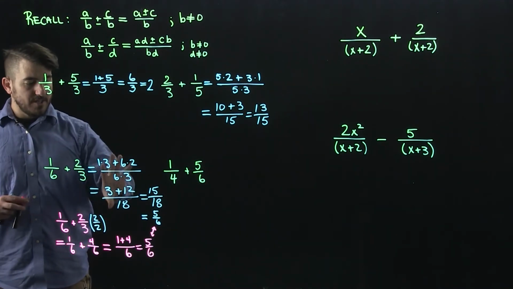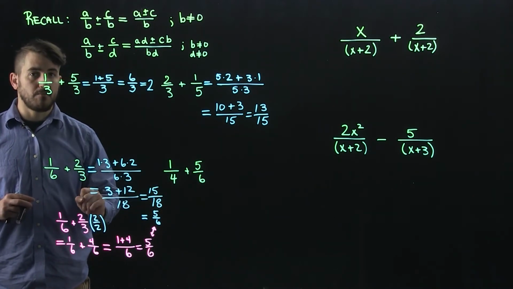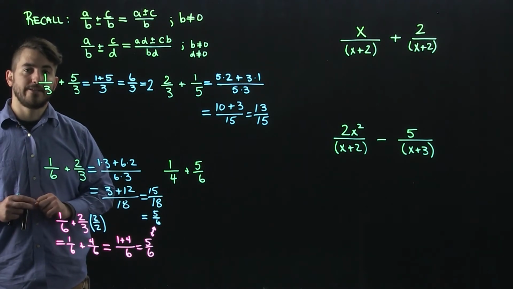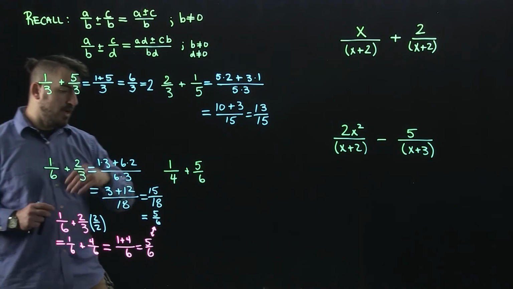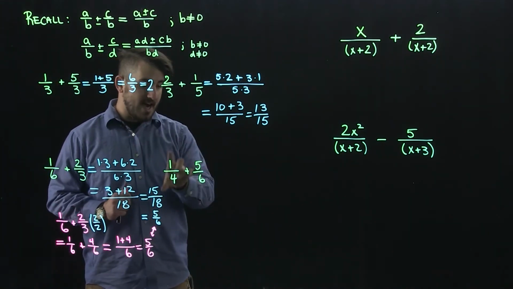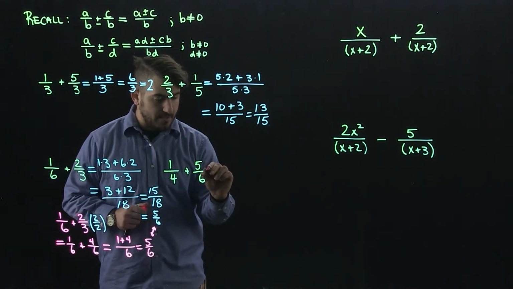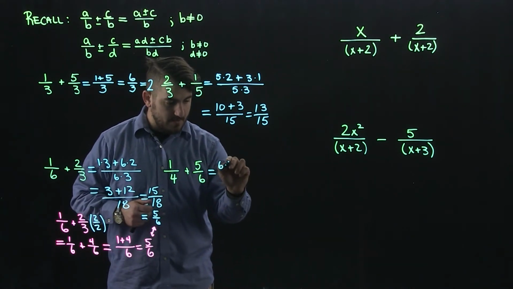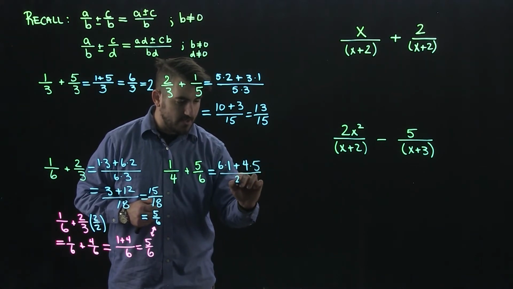Again, what you can notice here is there was an extra step. There was a consequence to using the brute force method. Usually you'll have to reduce at the end of the operation, but you do not need to find a common denominator. Similarly, for this one, it may not be obvious what the common denominator is, so we can use the brute force method. So that's going to be 6 times 1 plus 4 times 5 divided by 20.